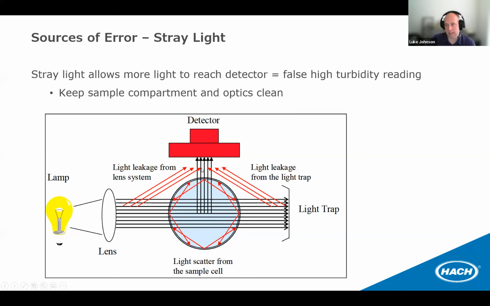There's also light scatter from the sample cell itself. This is inevitable because the sample cell is visible. So we want to minimize that, and we want to take that into account in every measurement. So we want to take care not to get stray light off of the sample cell either.